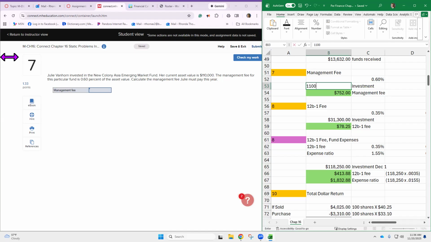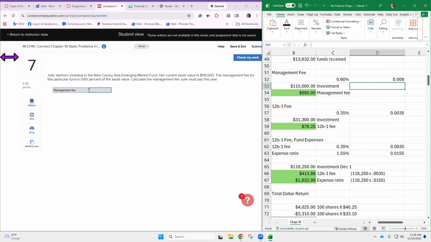So she's got $110,000, and we want that times 0.006. So we're looking at $660. I can't tell you enough: if you get a bigger number than what you really think would be a fee, recalculate and make sure that you've got your decimal in the right place.